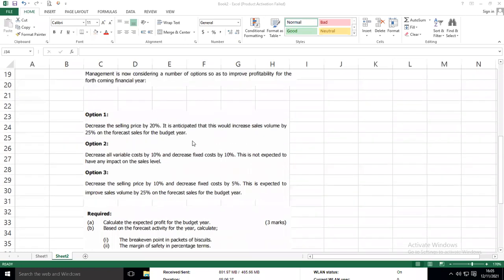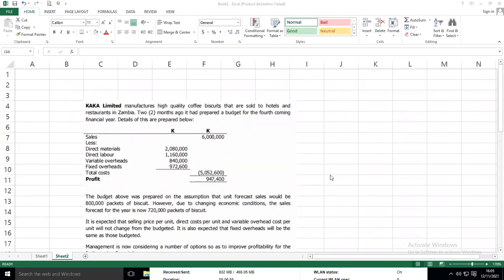Is this breakdown, these adjustments here, such that in the exams, people would be confusing which part of the question to attend to. It's very important when there is sensitivity analysis like this to be very careful. So the first one is calculate the expected profit for the budget before the changes.